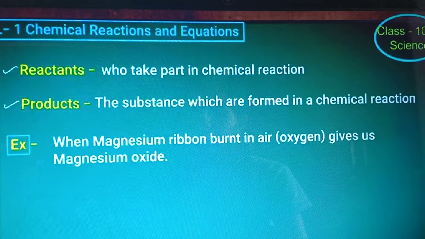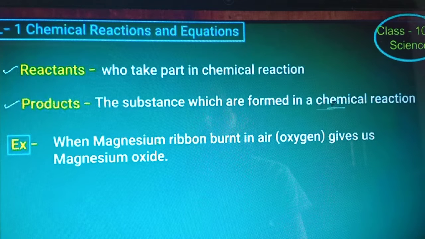In it, two things are used, one is the reactant and the other is the product. What is the meaning of reactant? Reactant means the substance that takes part in the chemical reaction, while the substance formed in a chemical reaction is called the product.